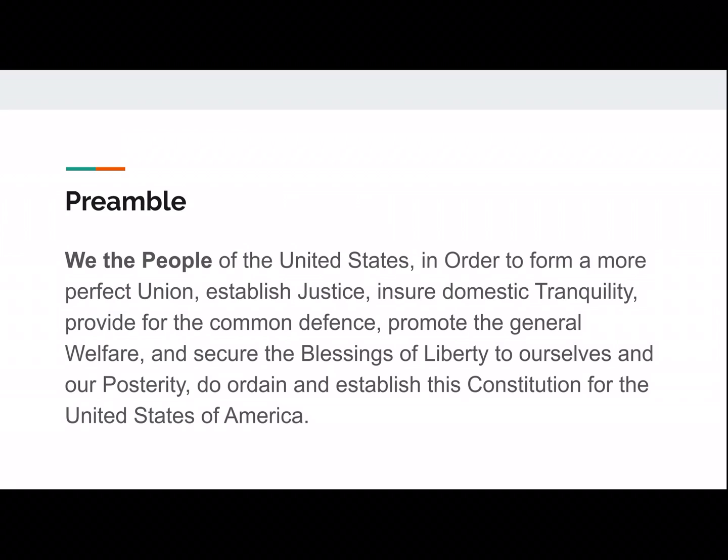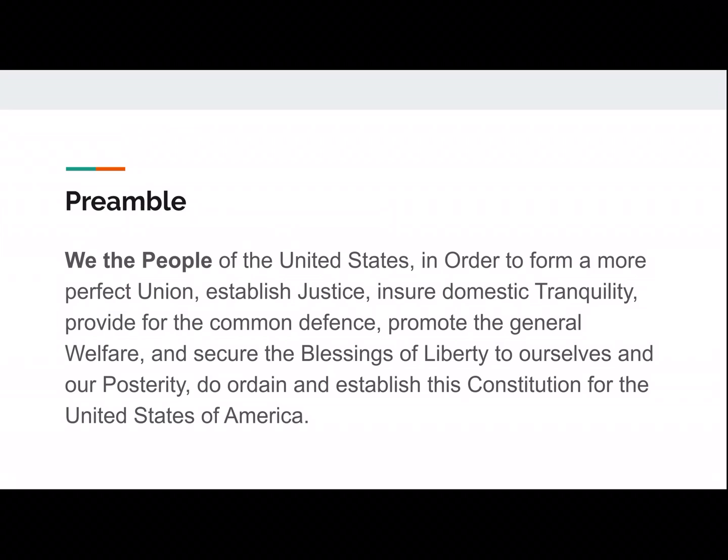Provide for the common defense. That's what the whole American Revolution was. They were trying to defend their rights and their laws, and so that's what they will continue to do, is to protect citizens from external attacks. Promote the general welfare. So this statement is trying to allow for every citizen to benefit from what the government could provide.